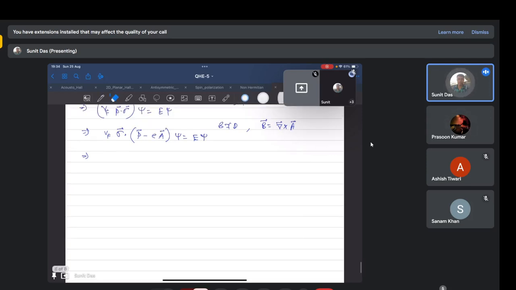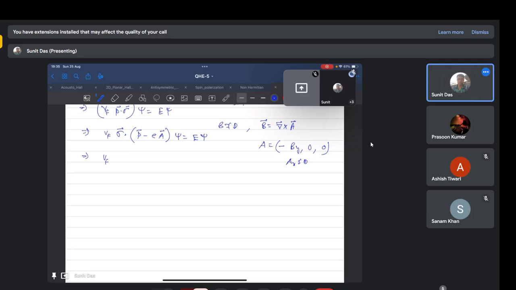Let me choose again the Landau gauge, A equal to (minus By, 0, 0), so only Ax is not equal to 0 and the others are 0.